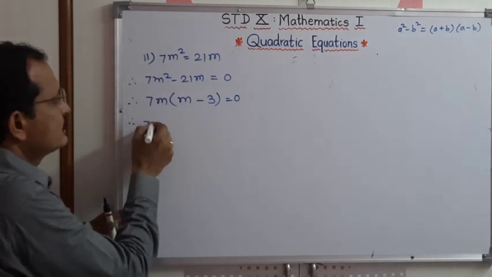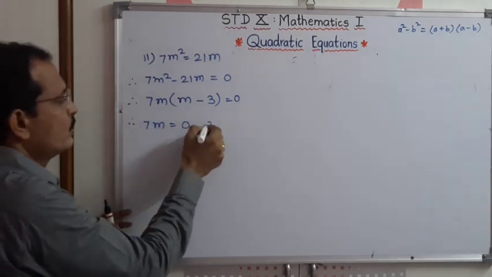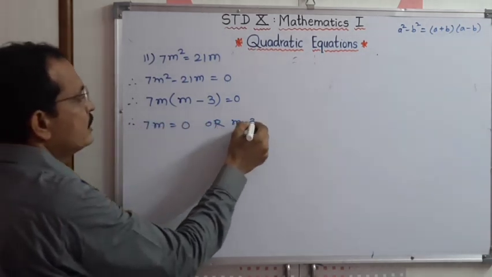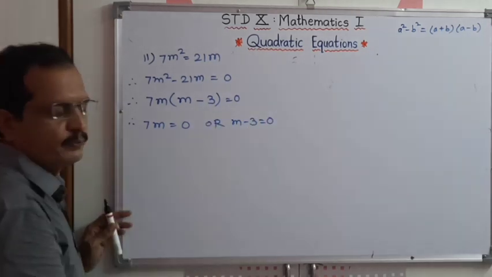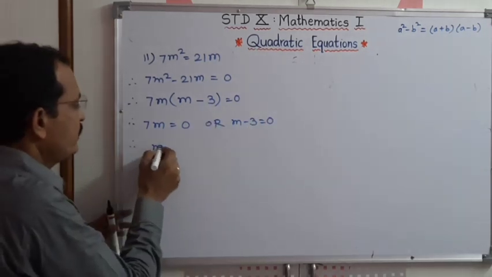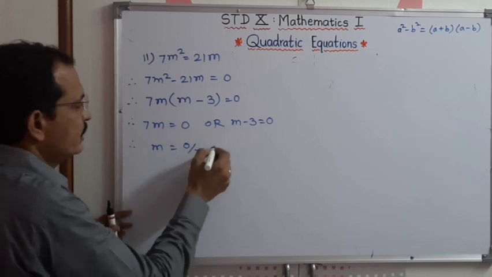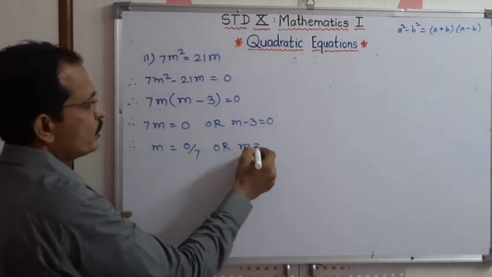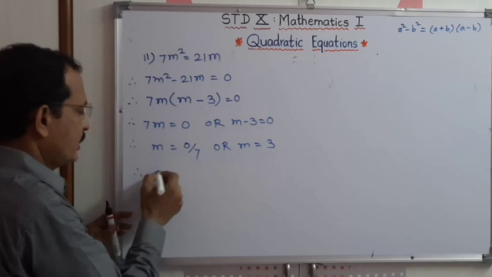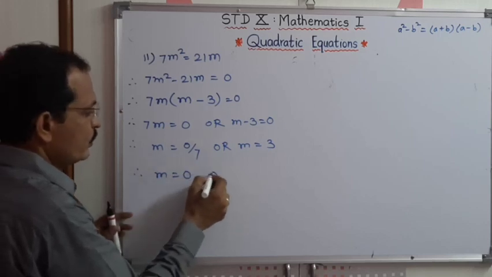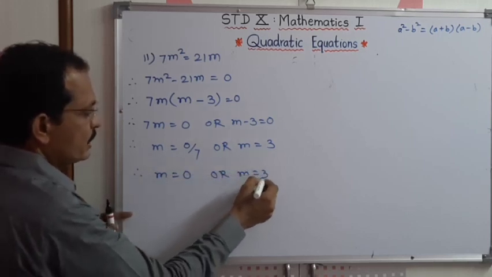Now 7m equal to 0 or m minus 3 equal to 0. Now m is equal to 0 upon 7 or m is equal to 3. Therefore m is equal to 0 or m is equal to 3.